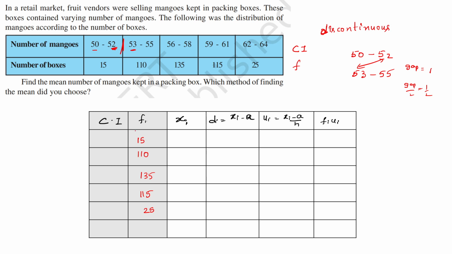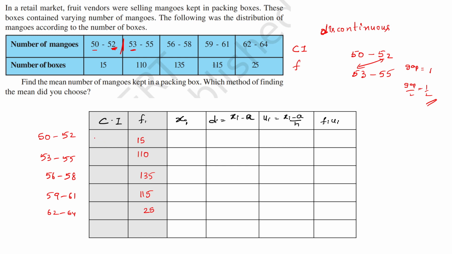Okay, now see here. Initially it was 50 to 52, 53 to 55, 56 to 58, 59 to 61, and 62 to 64. Now since we have found the gap as 0.5, we should subtract it from the lower limit and add it to the upper limit.